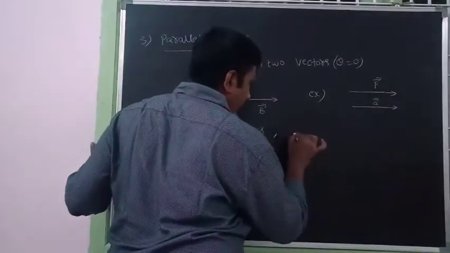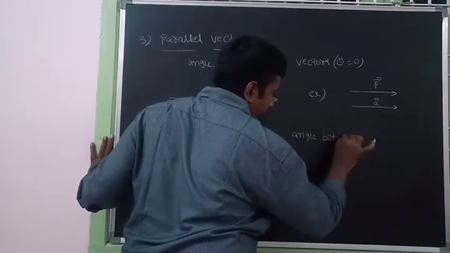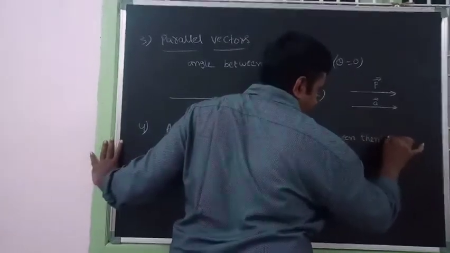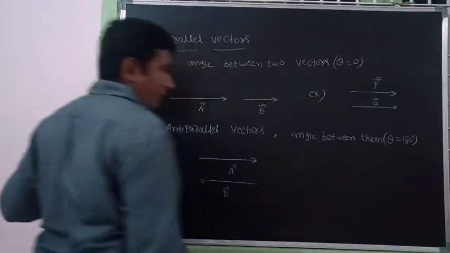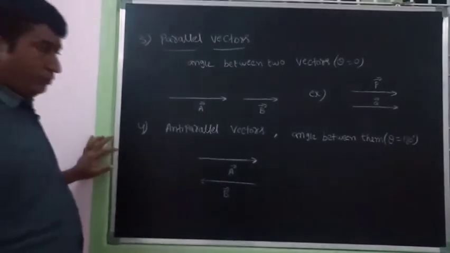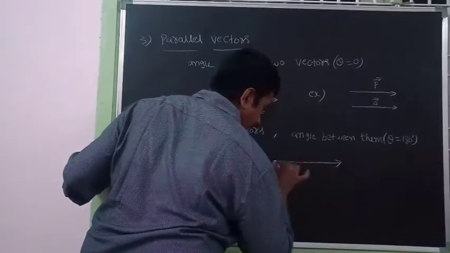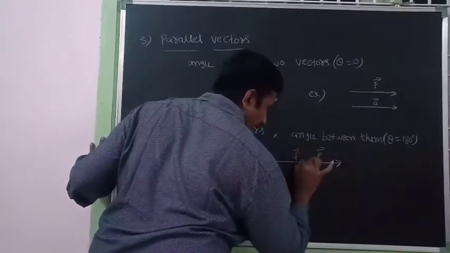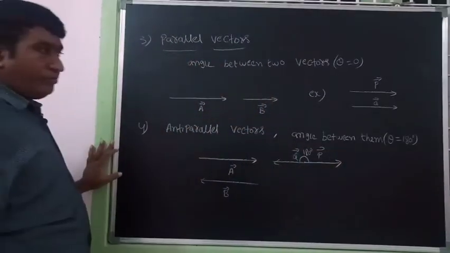In such a case, the angle between them, theta, is equal to 180 degrees. They are exactly opposite with each other. Here the angle is 180 degrees from tail to tail.